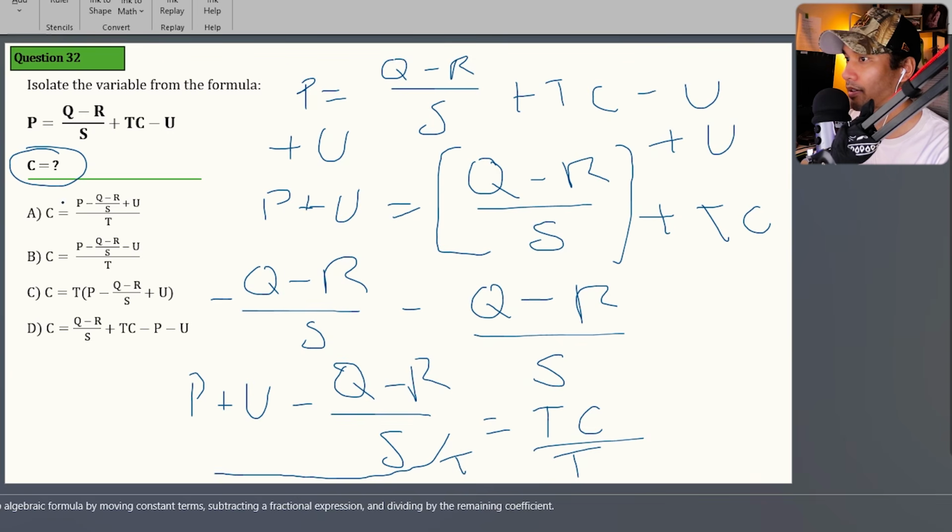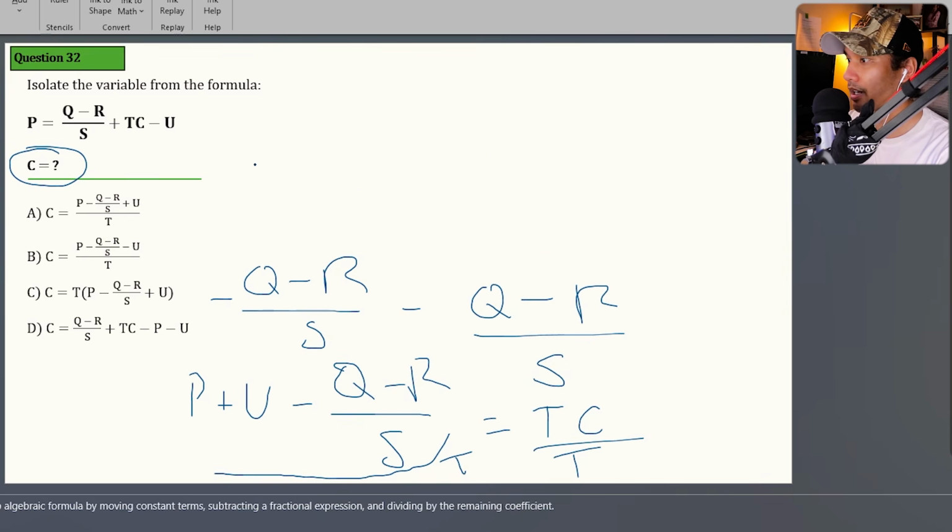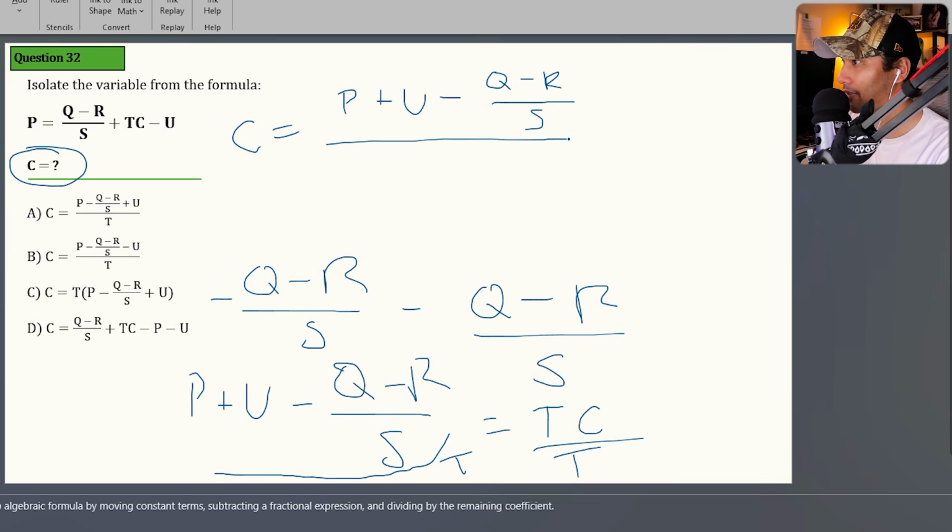And we figured it out. Rewriting everything to make it look clean, we get C equals P plus U minus Q minus R over S, everything over T. And that is our final answer.